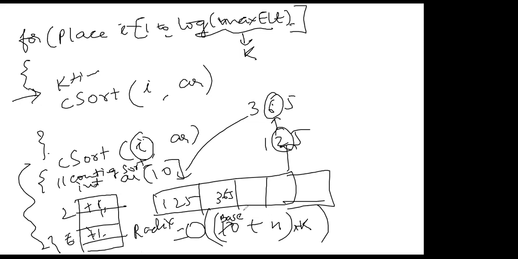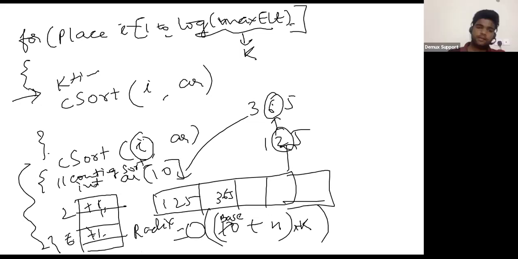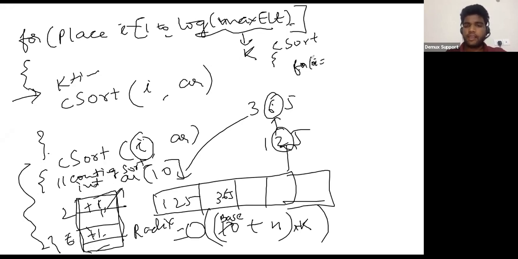So how is 10 getting added there? In this C sort, there are two passes, right? In the first pass, I am constructing this array, so that will take 10 operations. I am looping 10 times. When I'm constructing this array, how much time am I taking? I'm taking n time.